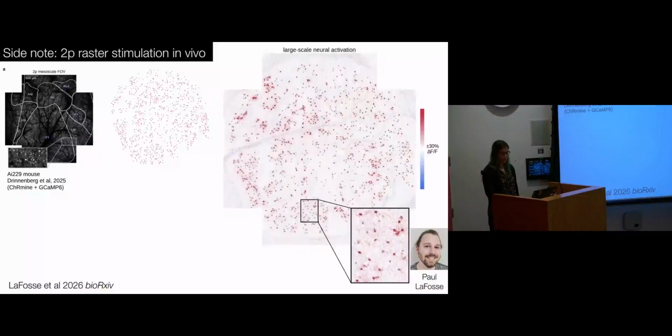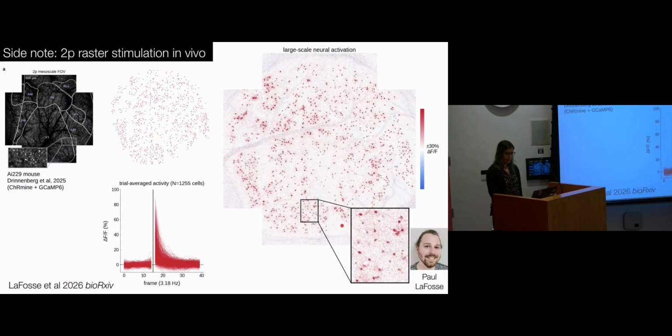And this is Paul stimulating around 12,000 neurons in this recording here. This is the average stimulation, and you can see that we're stimulating a lot of these targets here. And this is the trial average activity baseline to the time periods before the stimulation.